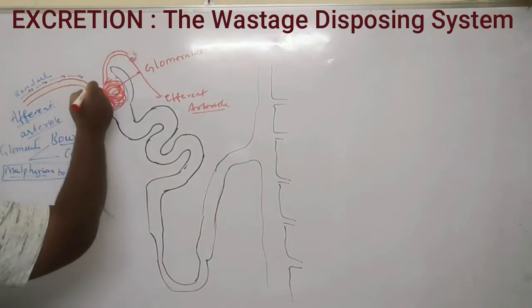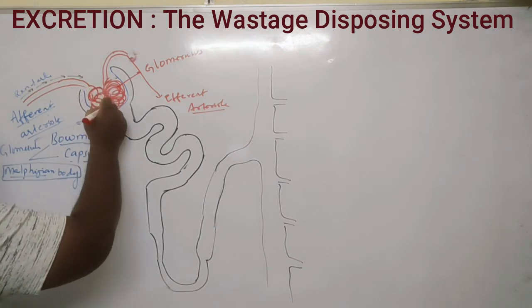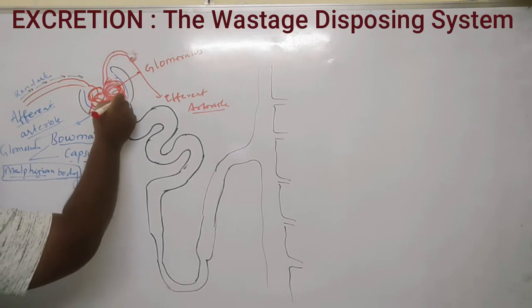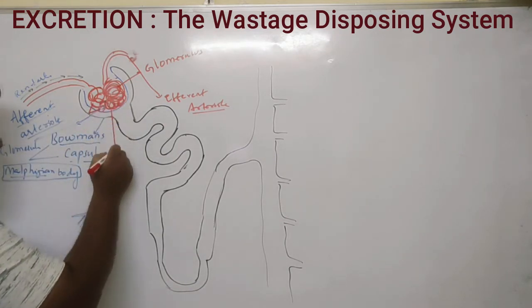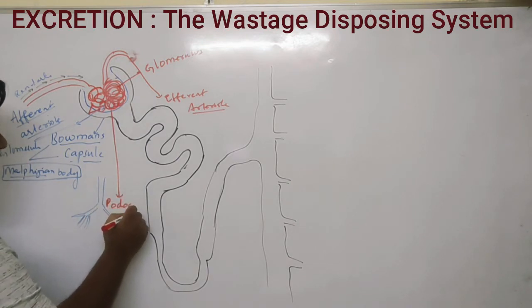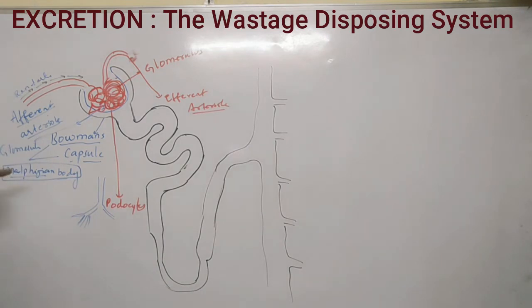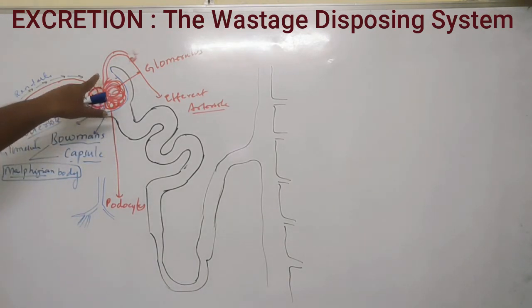Now if you see this tubular network here, the capillary network, these cells are usually called as podocytes. What they are called as? Podocytes, right? The cells by which this particular network is made up of are called the podocytes.